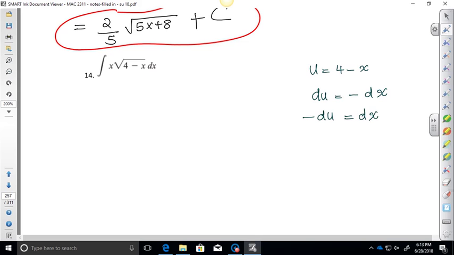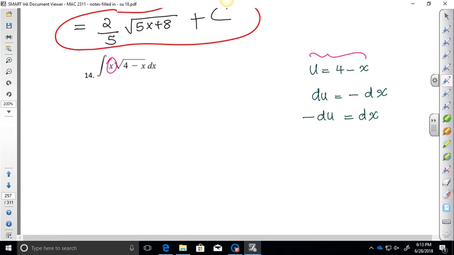But I have an extra factor here, x. So I'm going to solve for x in terms of u, because I don't want x and u in a problem. I want either all x or all u. I got a substitution for the square root of 4 minus x, and for dx in terms of u, but I don't have anything for x.